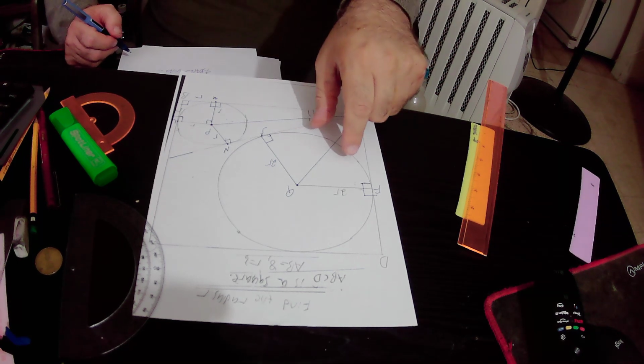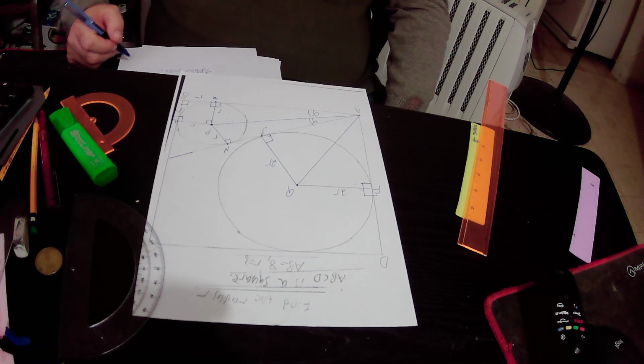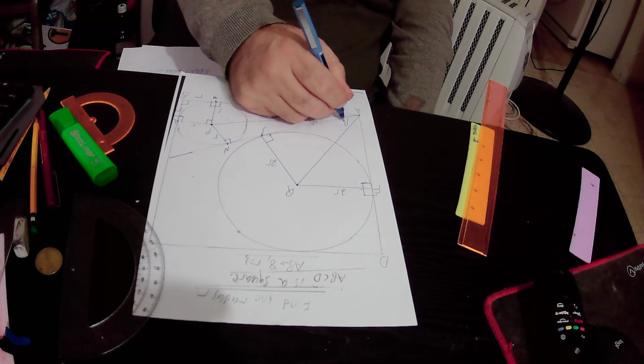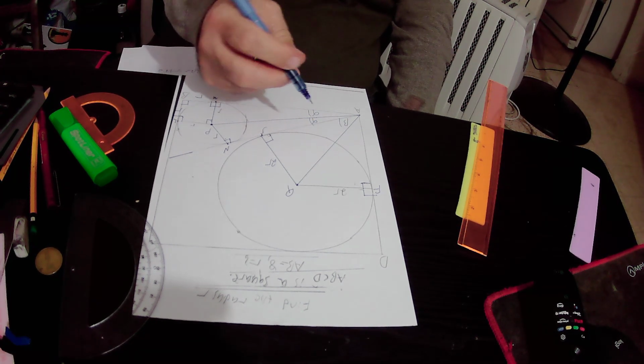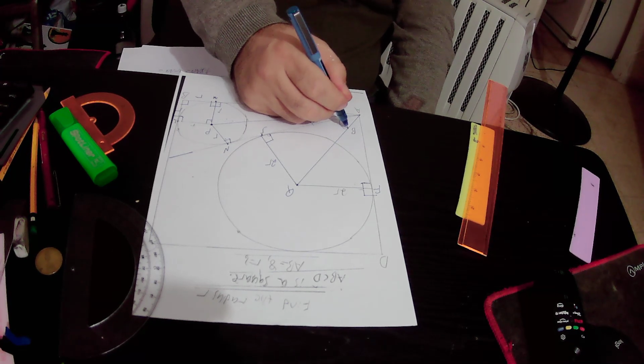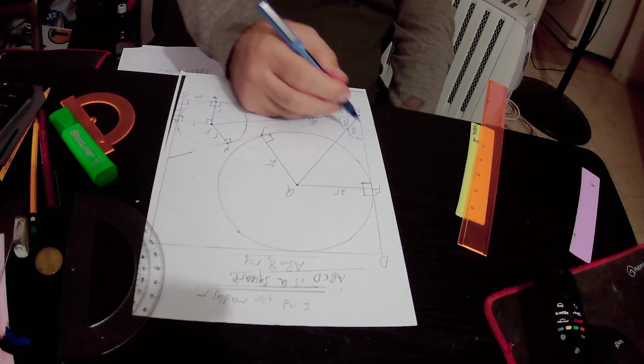And if we define angle SAQ as beta, then angle FAQ will also be equal to beta because they are equal to each other. Okay?